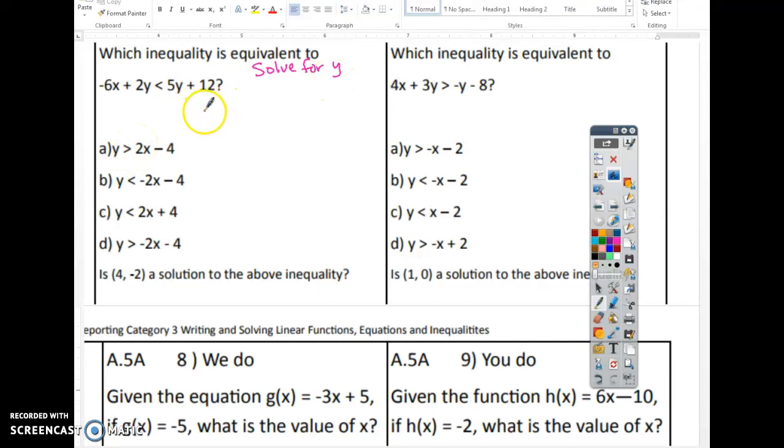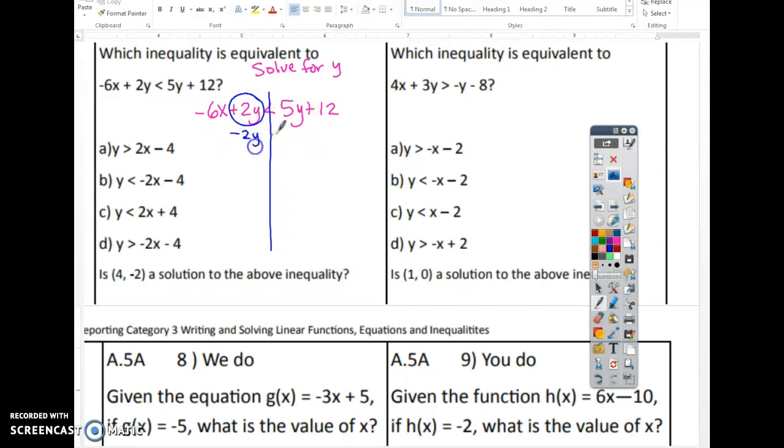I'm going to write down my inequality. And we have to follow the steps for solving equations, which first, there's no distributing, but you do need to move the smallest variable. So I'm going to move the smallest variable to be with the other variable over here, the y.